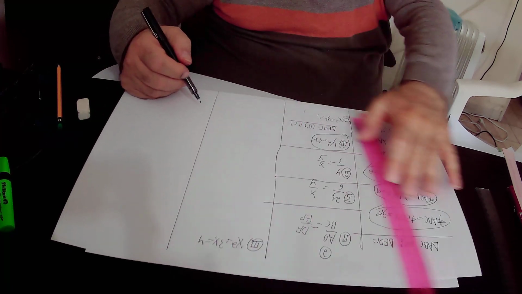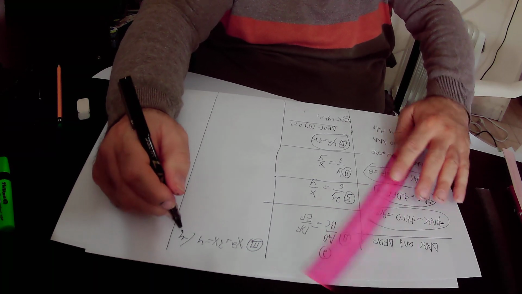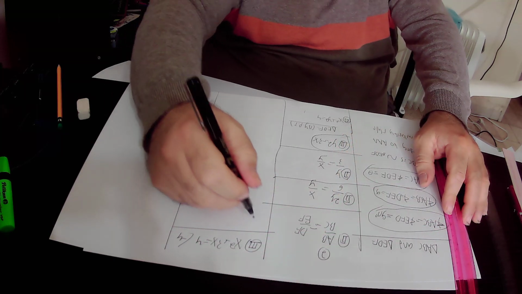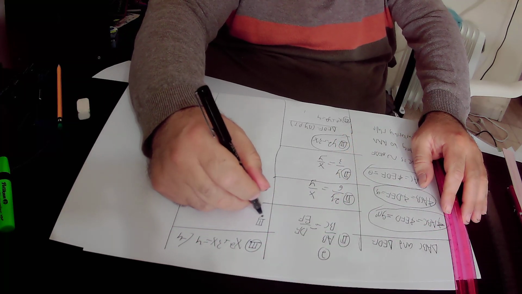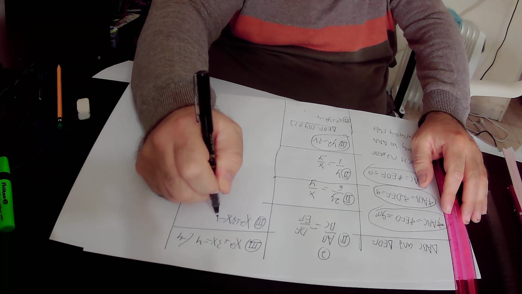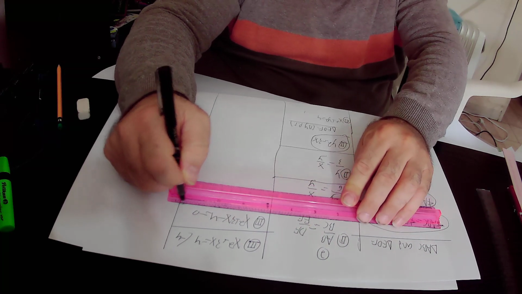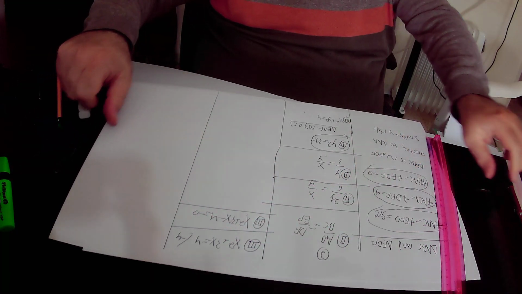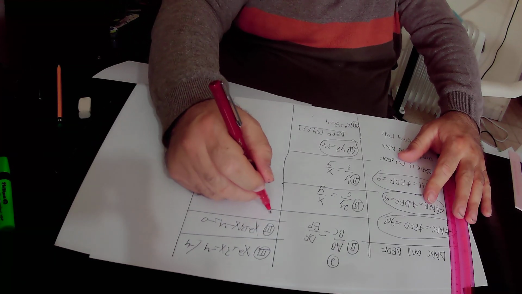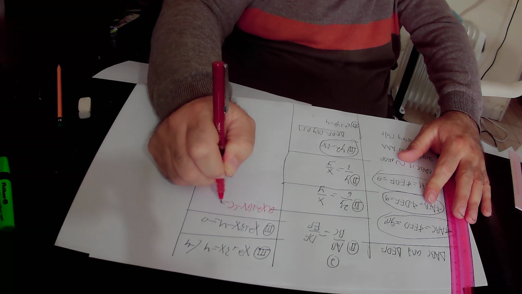So here we'll subtract 4 from equation number 3, and we'll get x squared plus 3x minus 4 equals 0. So this is a quadratic equation, and the general formula for a quadratic equation is ax squared plus bx plus c equals 0.